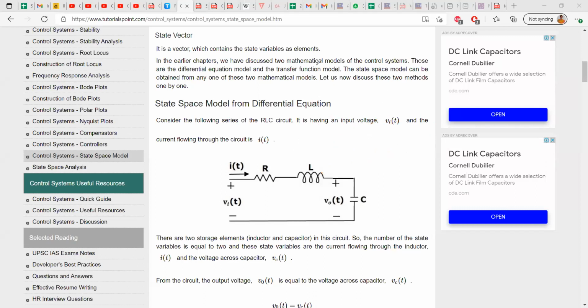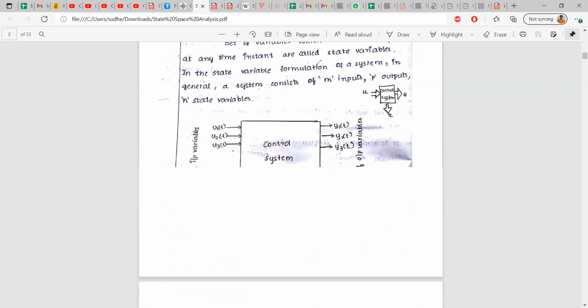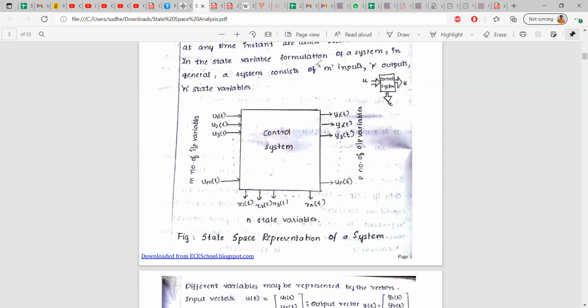If you observe here, this is the state space representation of the system. So these are the number of input variables.